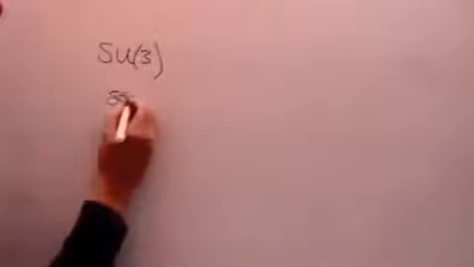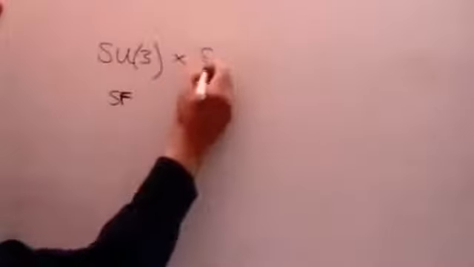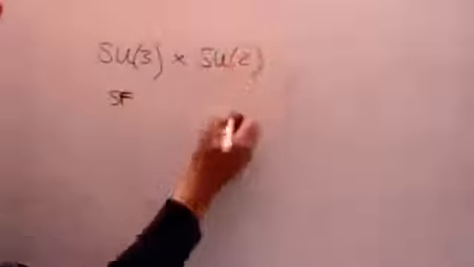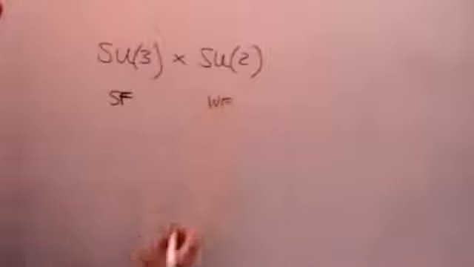So our standard model will consist of SU3, which is the strong force, the change of colour, and then you also need the SU2, which is the weak force, moving from up and down.